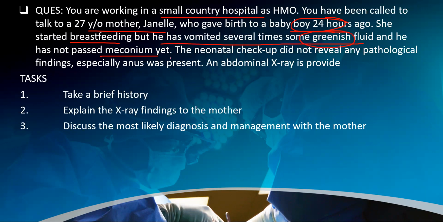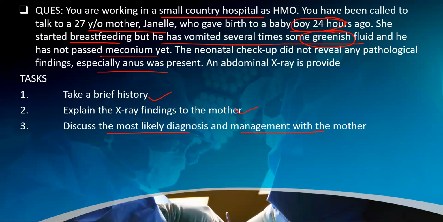And he hasn't passed meconium yet. The neonatal checkup did not reveal any pathological finding, and especially the anus was present. An abdominal X-ray is provided. You have to take a brief history from the mother. X-ray findings should be explained to the mother and discuss the most likely diagnosis and management.